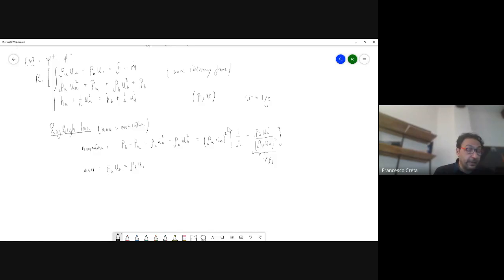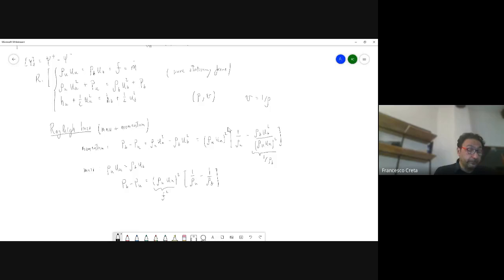So at the end of the day, we have that PB minus PU is equal to rho U squared, and then 1 over rho U minus 1 over rho B. We called the mass flow here F squared.